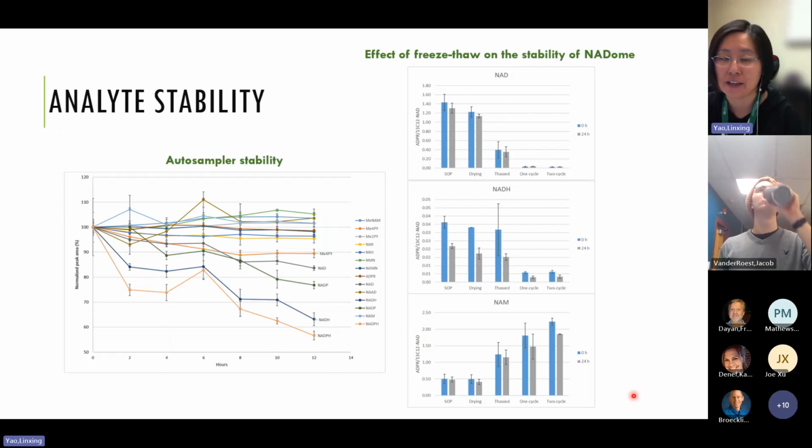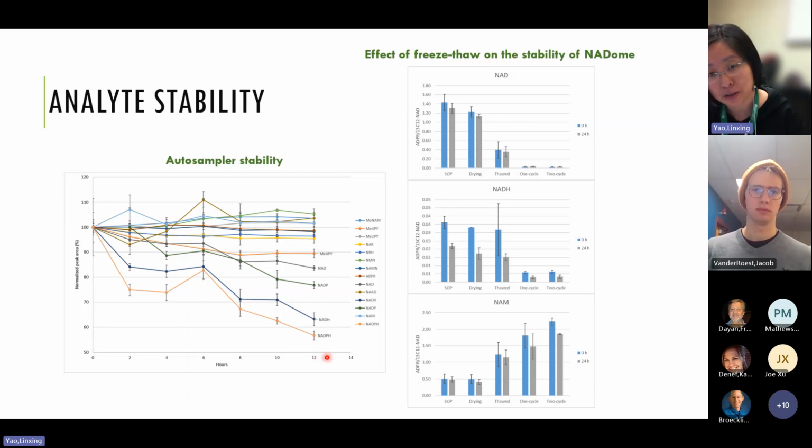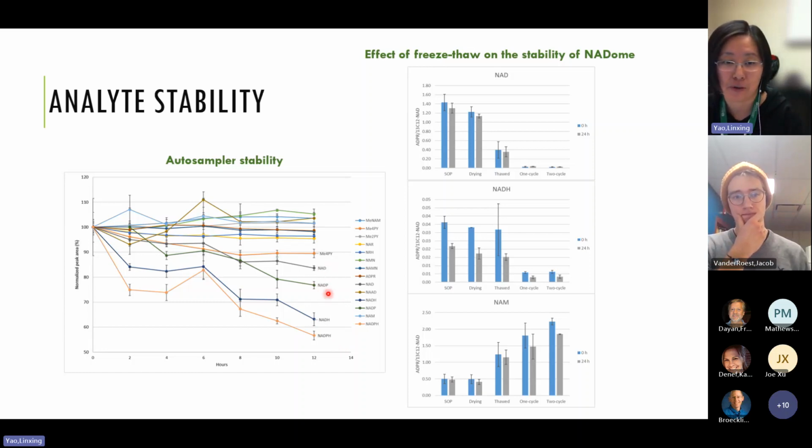So we have to look at their stability on the autosampler. As expected, the reduced forms of those larger molecules like NADH, NADPH, as well as their oxidized forms, degraded rapidly when sitting on the autosampler.